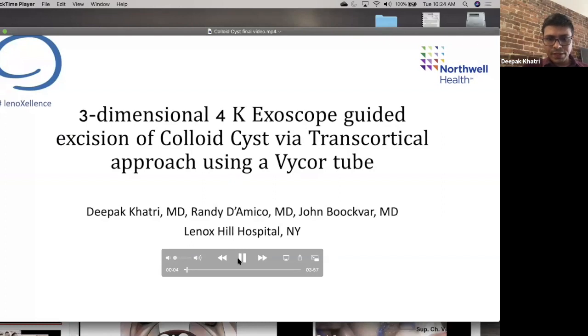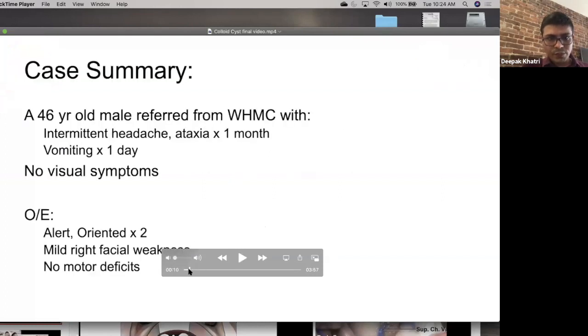So we operated this patient. He was a 46-year-old male who was referred to us from another hospital with complaints of intermittent headache. Remember, we discussed the symptomatology, and headache is one of the prominent symptoms of raised intracranial pressure.